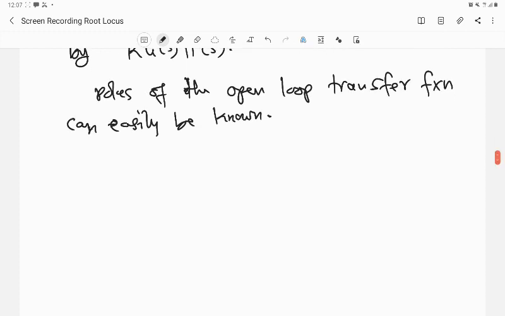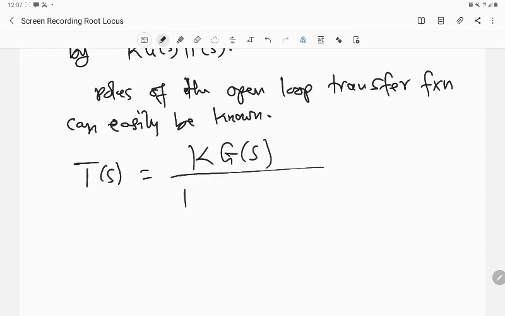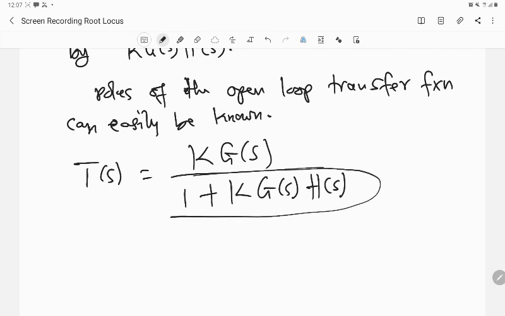However, once we put it into a closed loop and we get G(s) over 1 plus K G(s) H(s), then there is a problem because the roots of the denominator cannot easily be known.